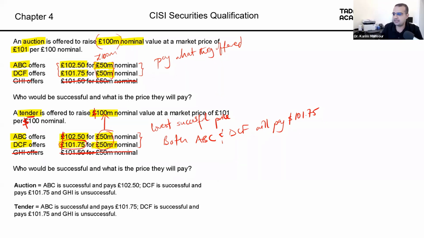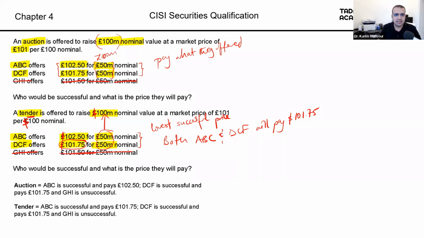Again, it's a popular question in the exam. So CISI might tell you that there's this government issuing the bonds. These are the bidders who submitted their bids. These are the prices that they submitted. This is the UK government. So you are automatically expected to know, first of all, who won.